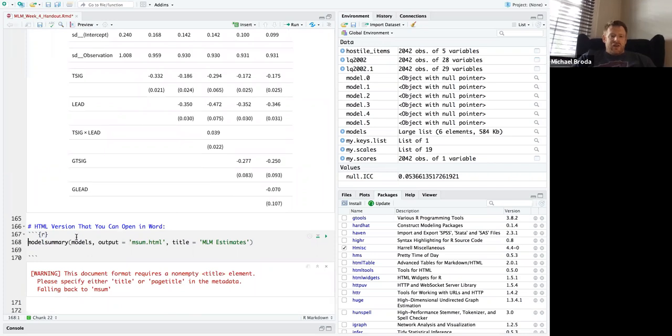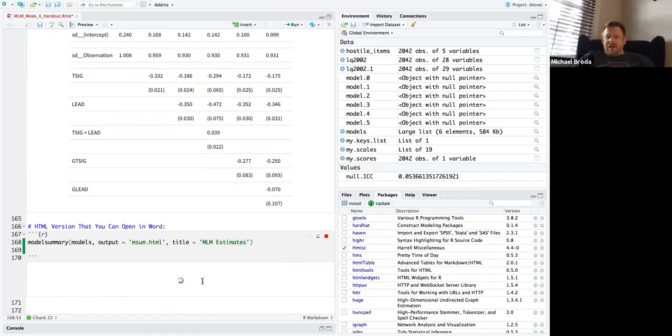So here I'm just running the command again, and I'm adding an option, output equals msum.html. So this is actually going to make an HTML file. And then I'm going to give it a name at the top called MLM estimates. So I'm going to run this. I don't know why I get a weird error down here, but this does seem to work.